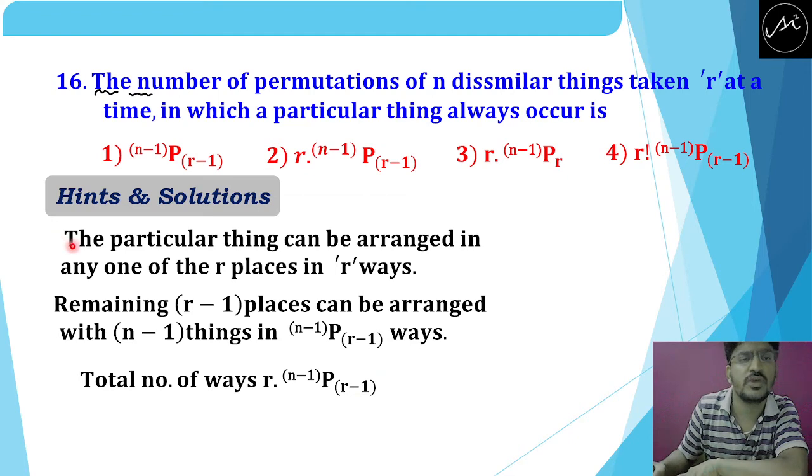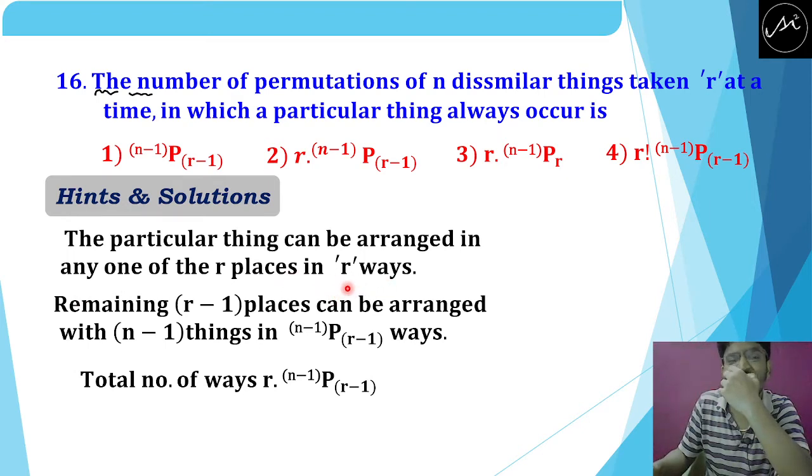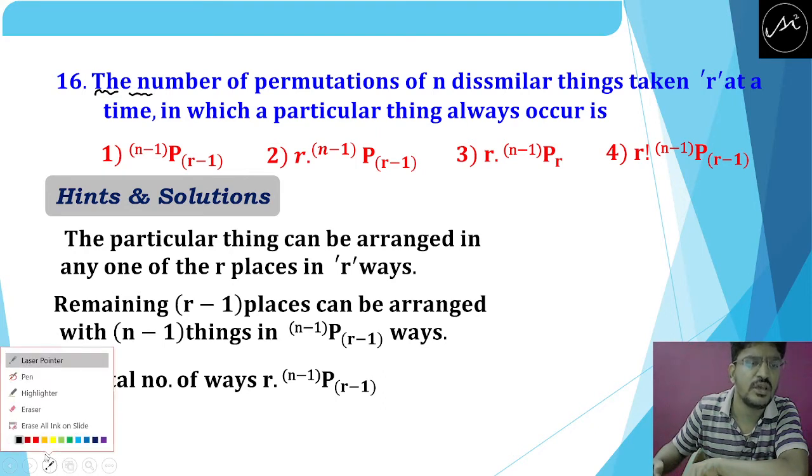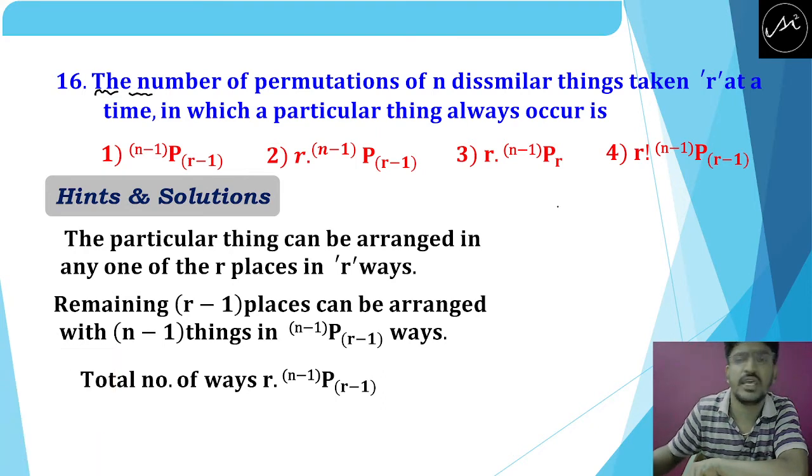Because here you can see the particular things can be arranged in any one of the r places, so that will be r ways. And the remaining r minus 1 places can be arranged with n minus 1 things, so that will be (n-1)P(r-1). Because you see, n dissimilar things taken r at a time means you have n different things.